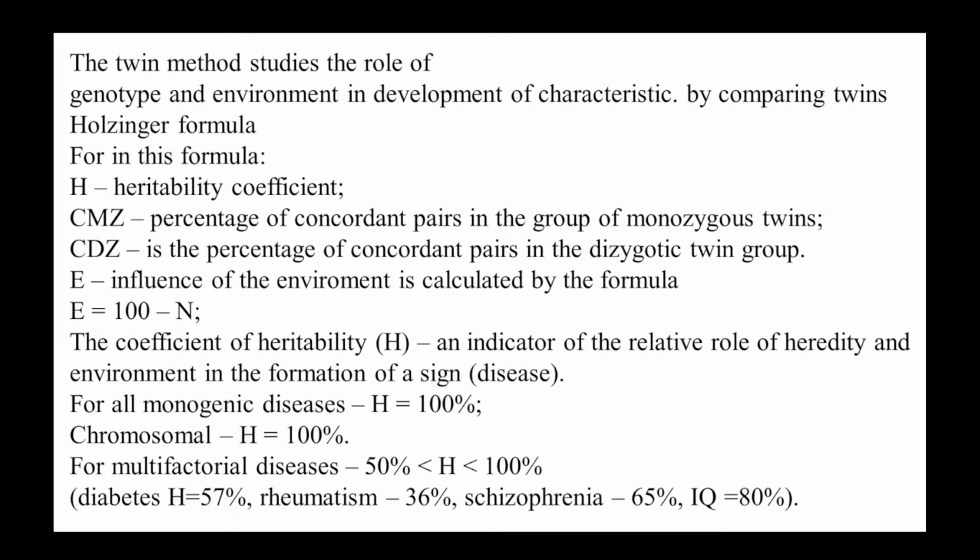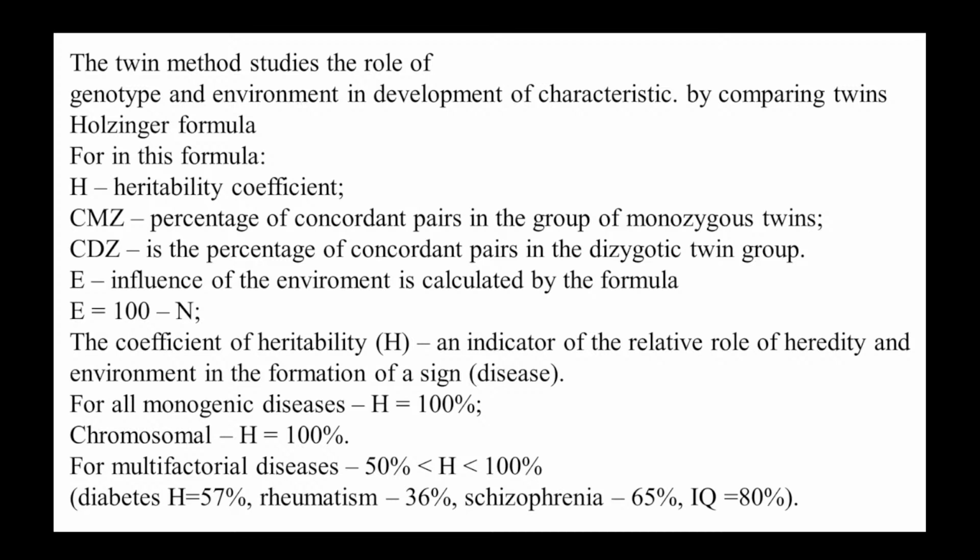And students, as a result of these numbers, you can see the level of influence of inheritance and environment on these characteristics. So for schizophrenia, we see that it is 65% for this coefficient.